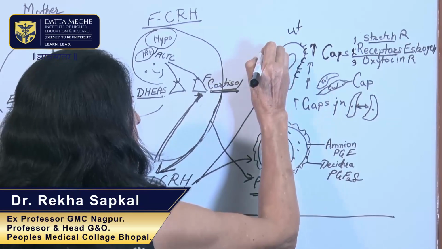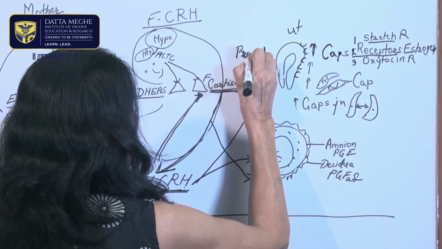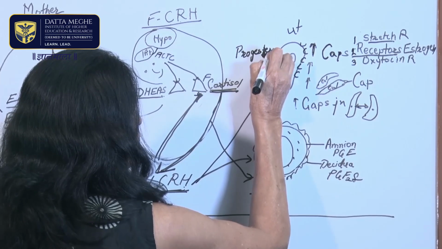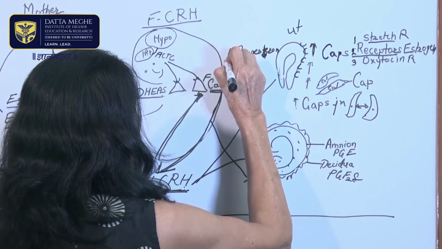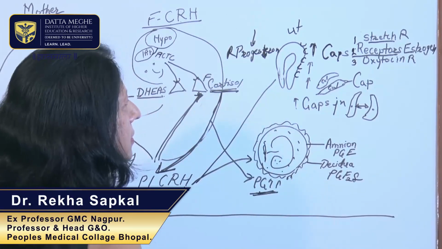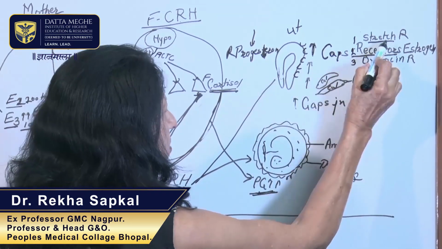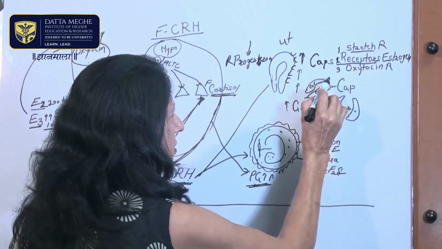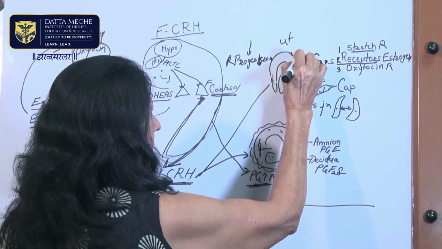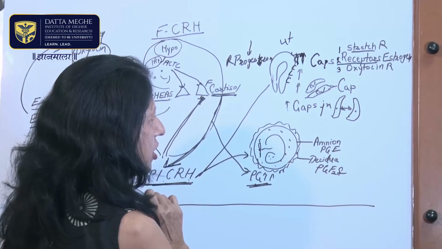Next, it causes the fall in the progesterone receptors. Caps are decreased. So, there is fall in the progesterone receptor caps. Caps of stretch receptors, estrogen receptors and oxytocin receptors, they are in plenty with the effect of CRH.